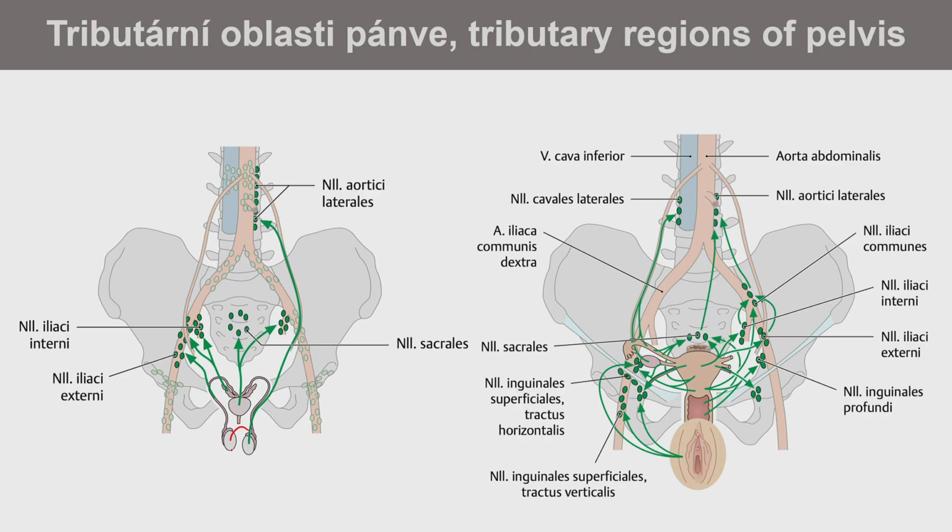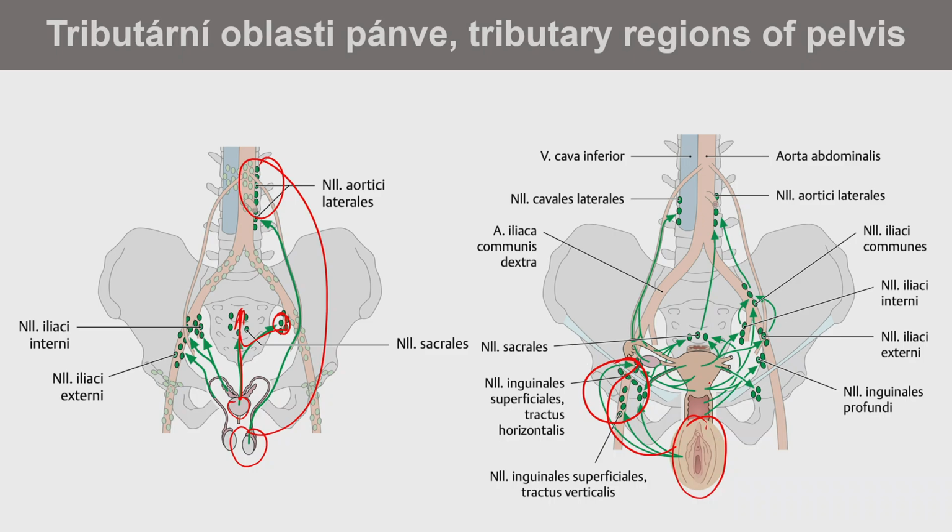So from the testis, this way, as I have said, to the region of the renal arteries, or below them. From the prostate to the pelvis. And you cannot see any inguinal region here, so those organs are not metastasizing to the inguinal nodes. The difference in women: from external organs, typically it is in the groin, in the inguinal region.